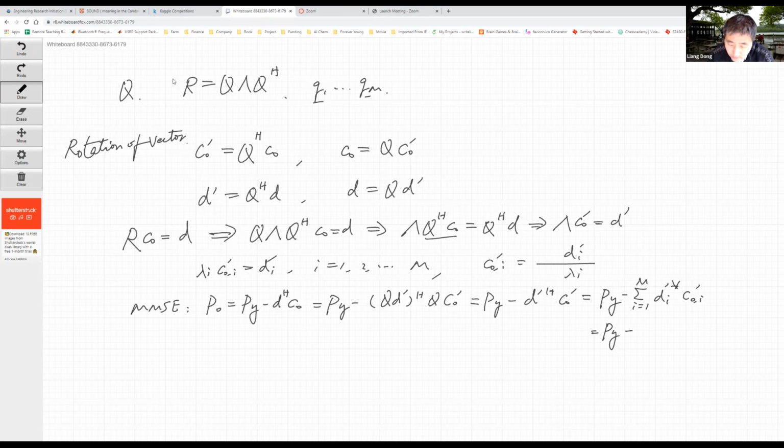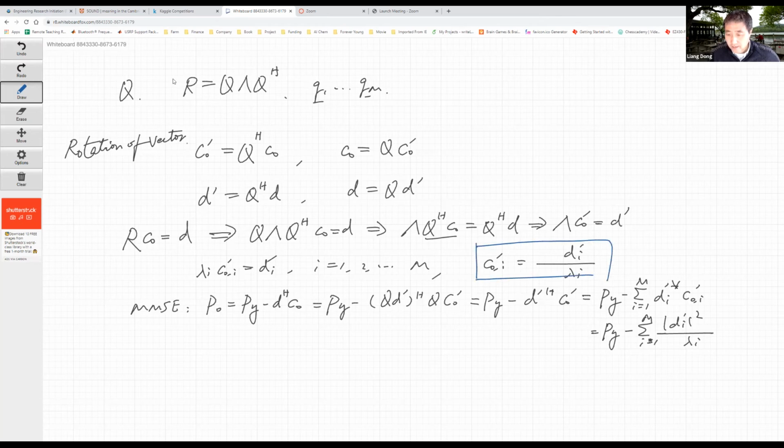That's Py subtract the summation of the absolute value squared of di prime over lambda i, for i from 1 to m. So we can do the same thing for the normal equation and the mean square error: we expressed them in a parallel scalar form.